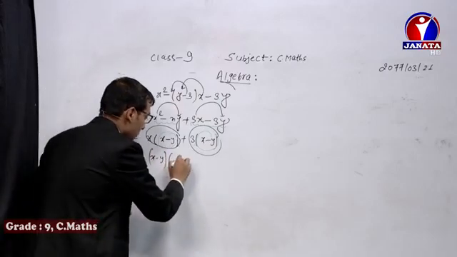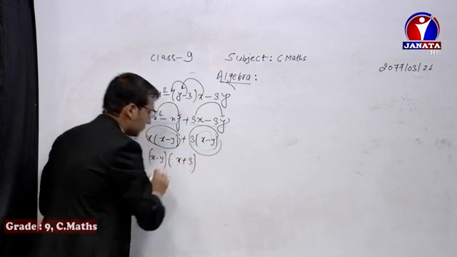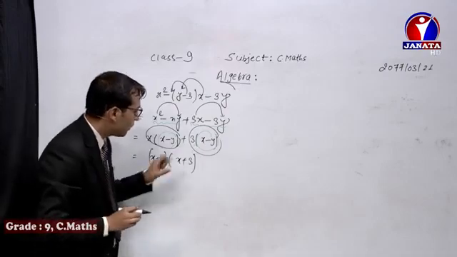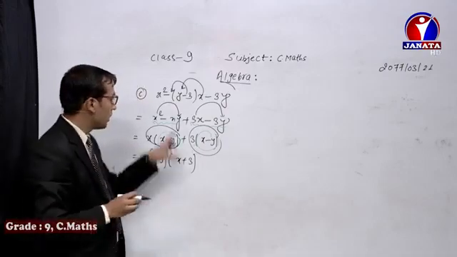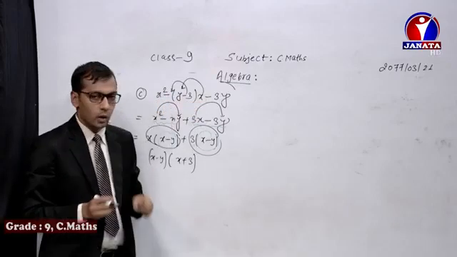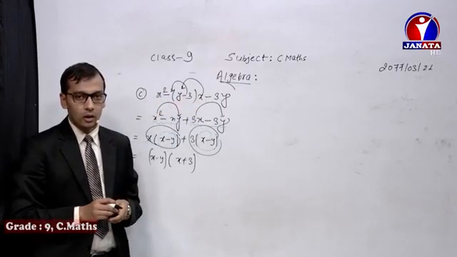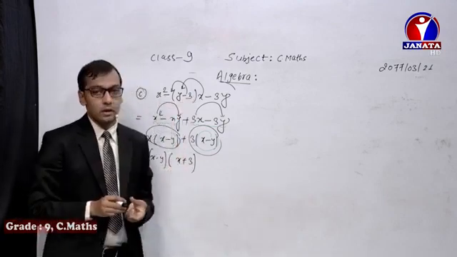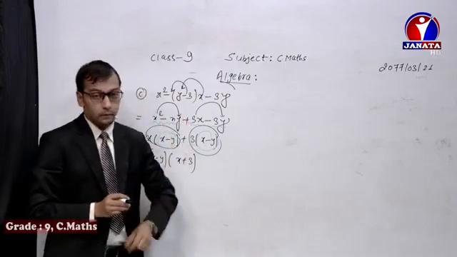X plus 3. So these are the two factors of x square minus y minus 3 times of x minus 3y. This is the way how we factorize algebraic expressions having 4 terms.